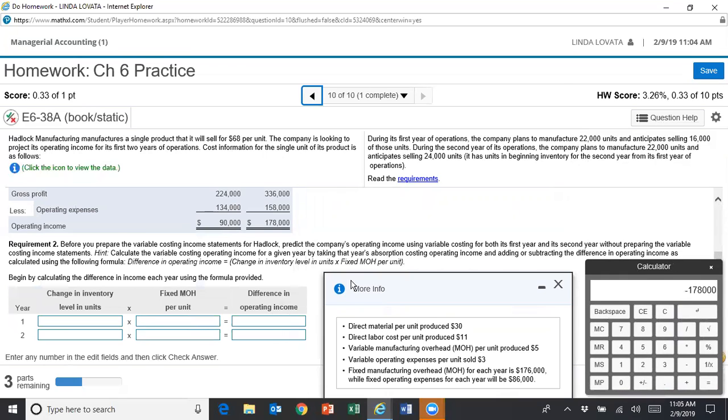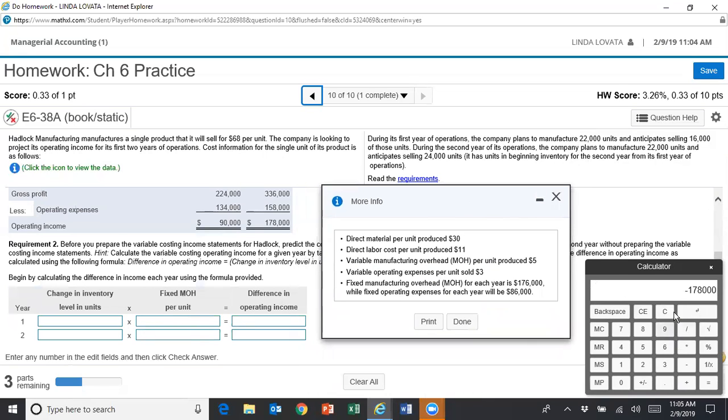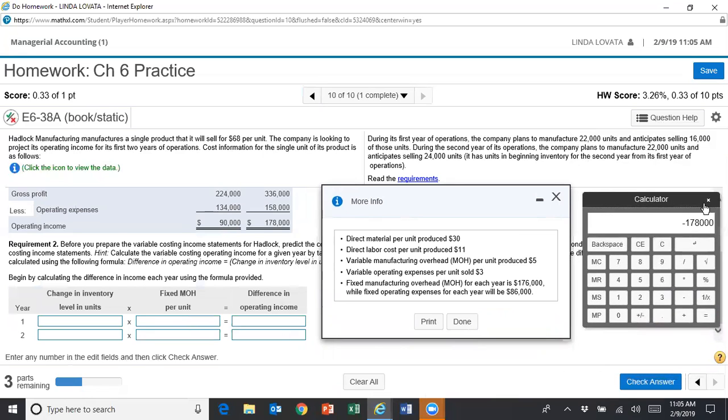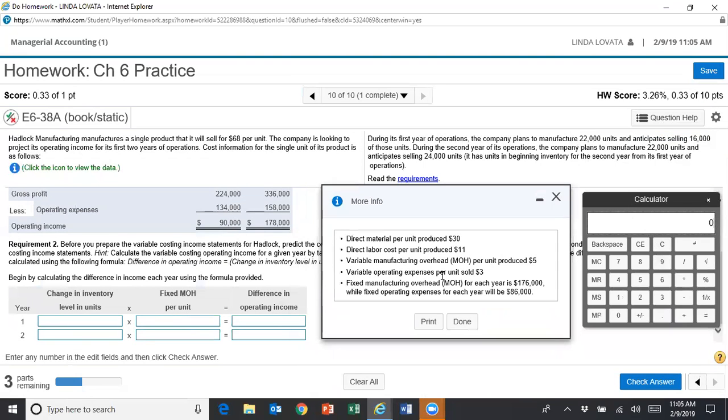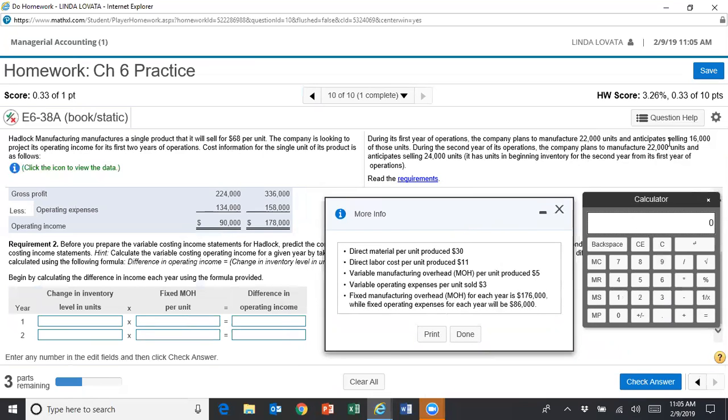So before I get to the other one, they want me to figure out what's the difference in the years. And so again, there's some subtotals we have to do in between. Whoops. Get my calculator back here. So my change in inventory in year 1, I manufactured 22,000.